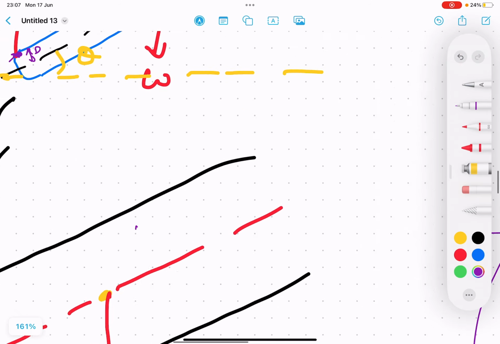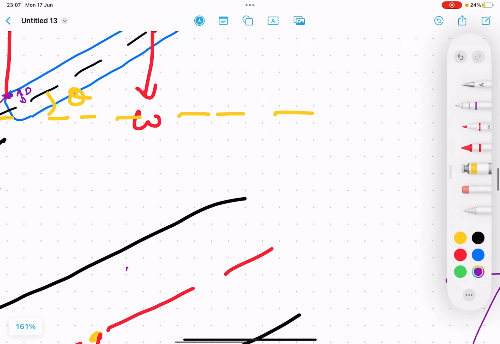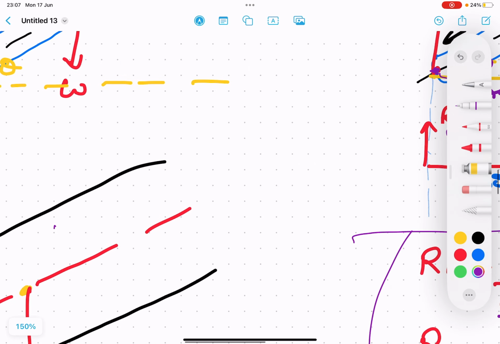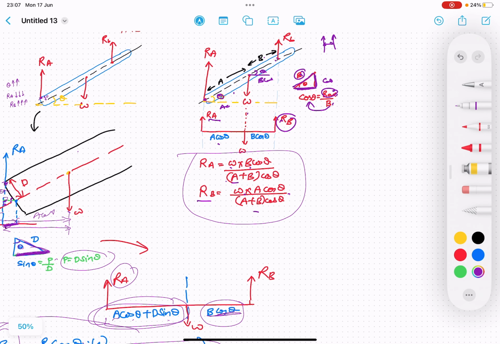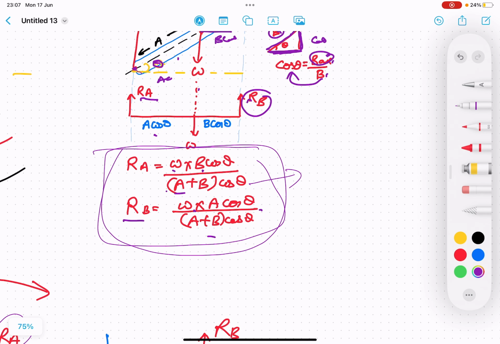Okay, but if we talk about the other case, if we talk about this w into b cos theta, here basically this factor is almost equal. Here Ra is equal to Rb. There is an equal distribution of the load, not exactly equal distribution, but it is the same.